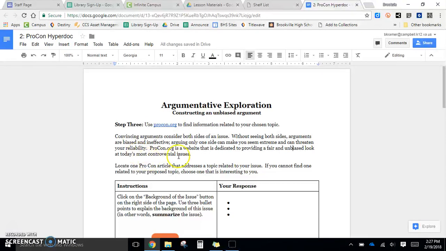The reason why we consider bias is explained in this paragraph here, because really convincing arguments show that the person who is arguing has strongly considered both sides of an issue before they've landed on supporting one side or the other. Biased arguments are ones that tend to be really emotional.